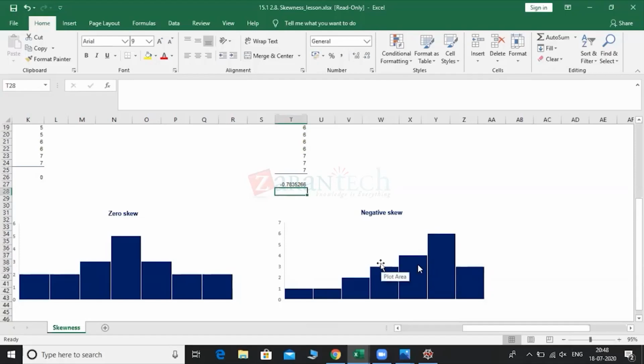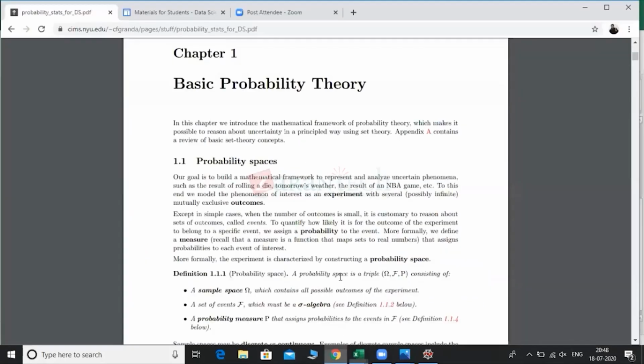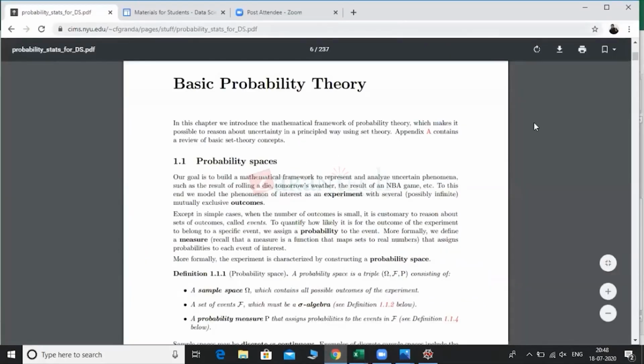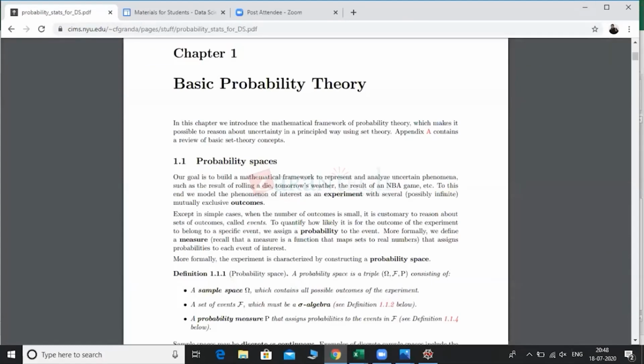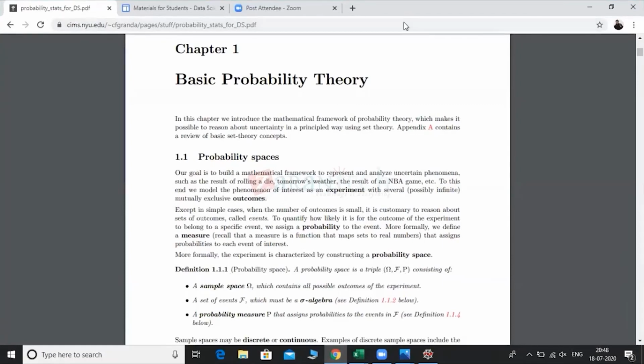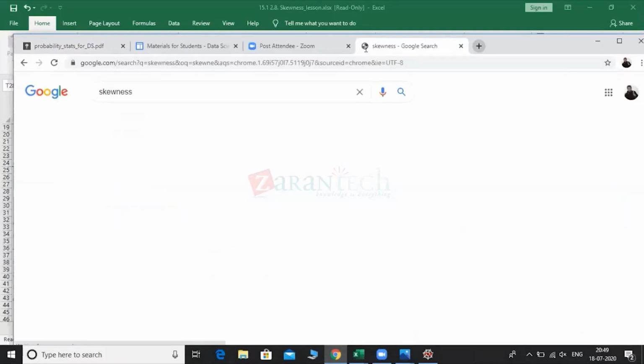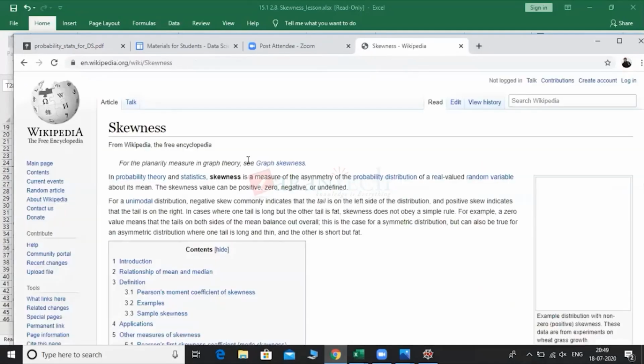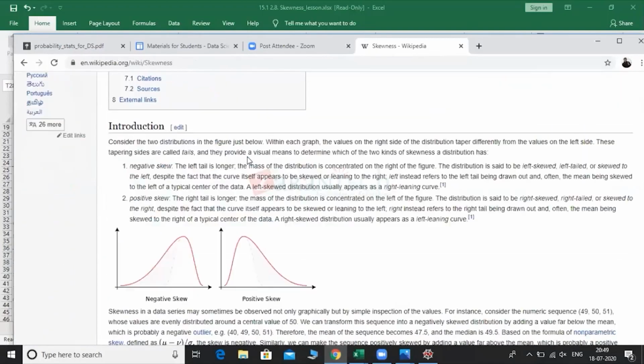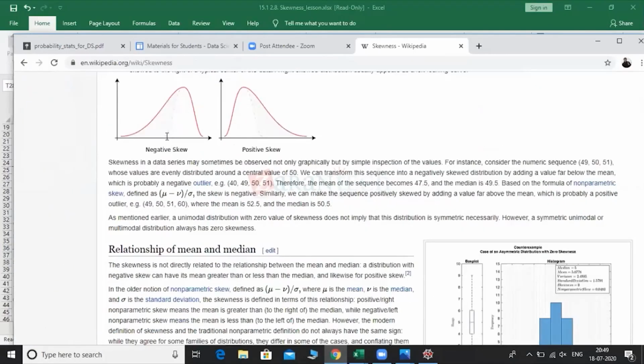Any doubts here? See, what we are trying to do is we are not getting into too much of the mathematics of it. I'll just show you something for now. So see, this is negative skew and positive skew.